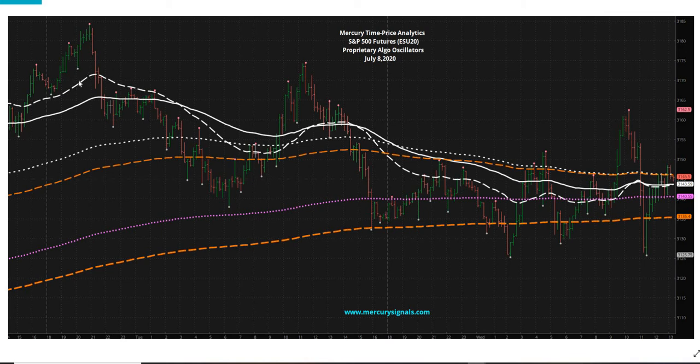The fastest oscillator on this screen is this dashed white line. Then getting progressively longer, you've got the solid white line, the dotted white line, and continuing from fastest to slowest, meaning a longer cycle, this dashed orange one, this purple dotted one, and this longer dashed orange one.